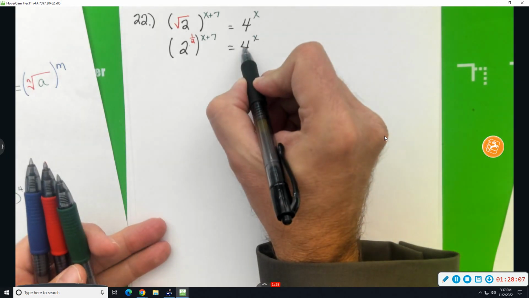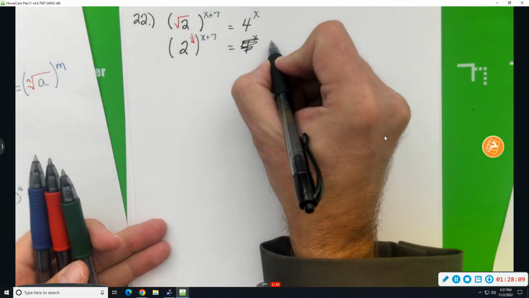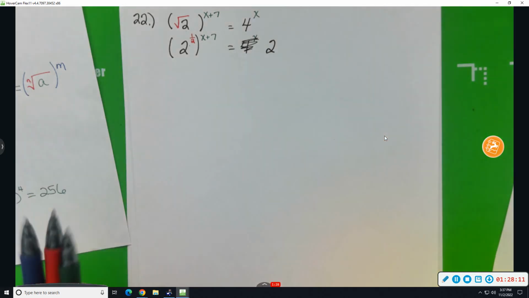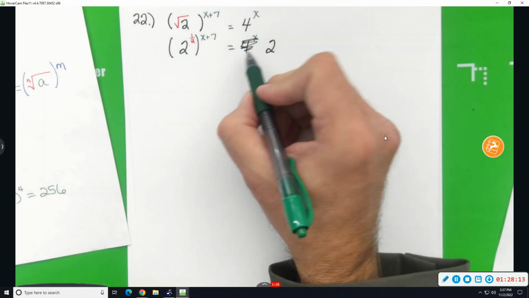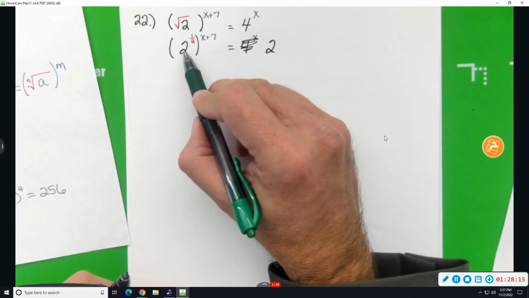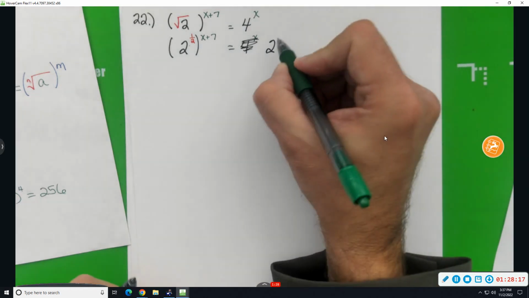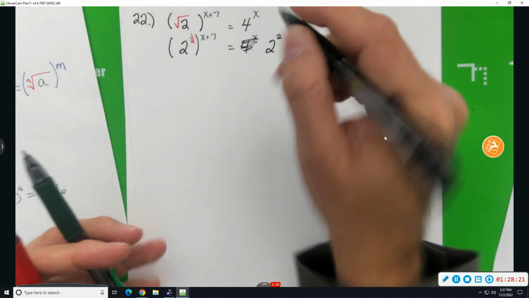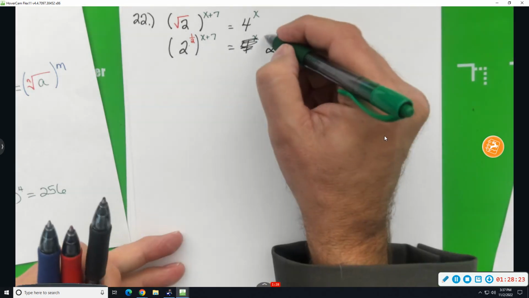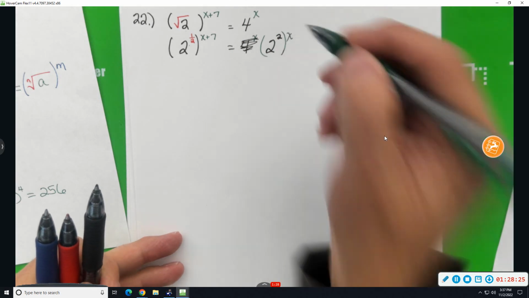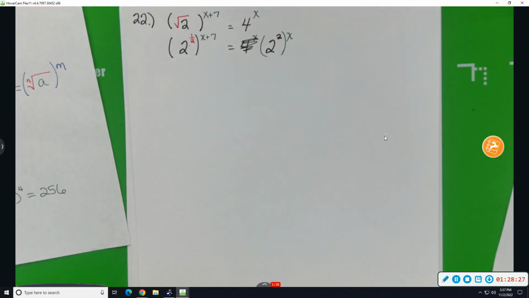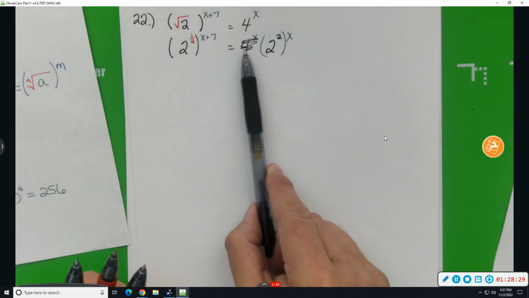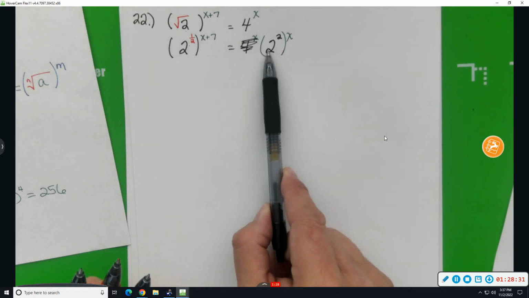I forgot to rewrite the 4. How should I have rewritten the 4 to have a common base? Would it be 2 squared? Okay. You see, I'd written a 4 there rather than rewriting the 4 as 2 squared.